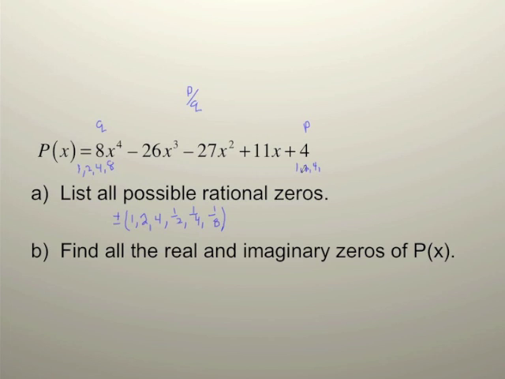How I'm going to find out if they are rational zeros is I'm going to start dividing by x minus one of these zeros. So you end up just starting and trying. So I'm going to start with 1. I have 8, negative 26, negative 27, 11, and 4.